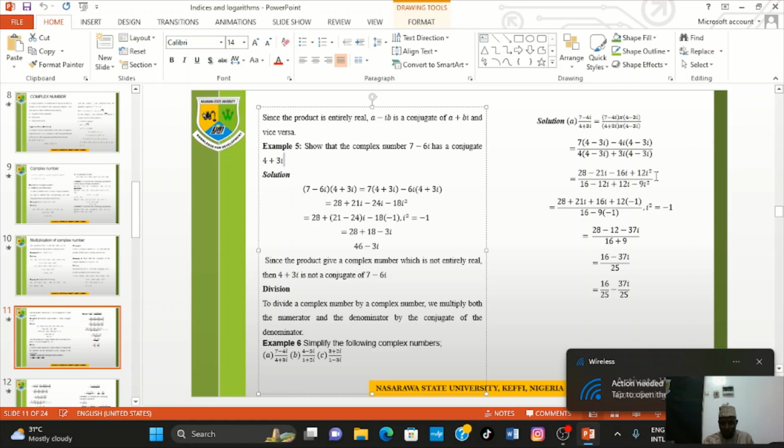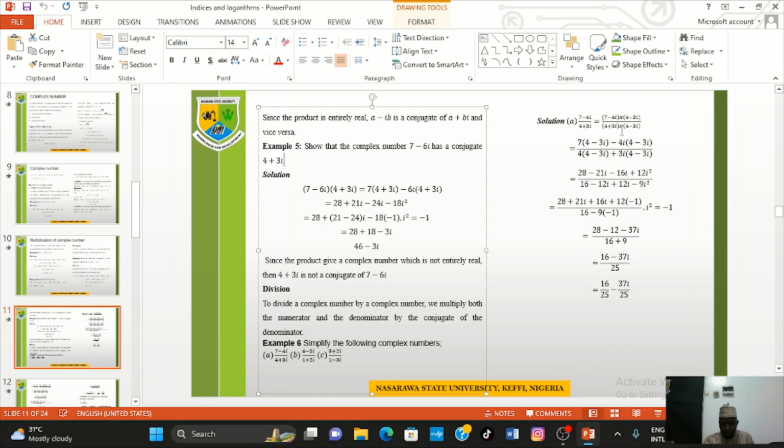That is the numerator. When you expand the denominator, we have 16 minus 12i plus 12i minus 9i squared. The terms with the same i, you can combine together into one. We have the numerator as this, and also the denominator as this.